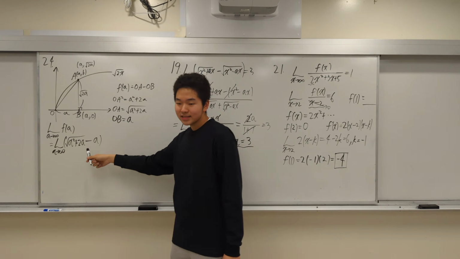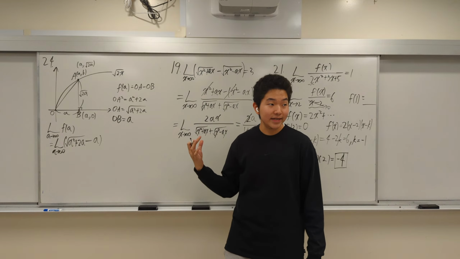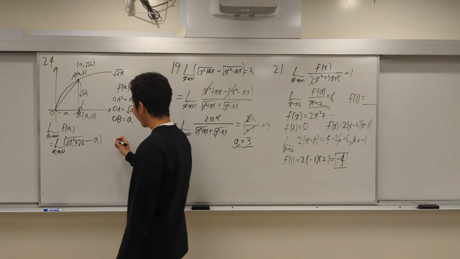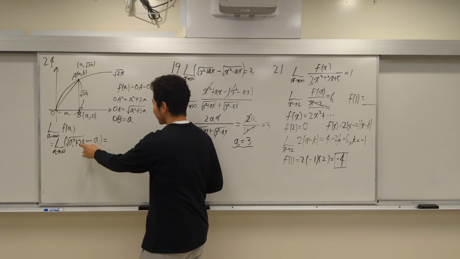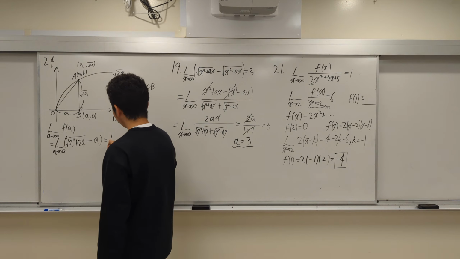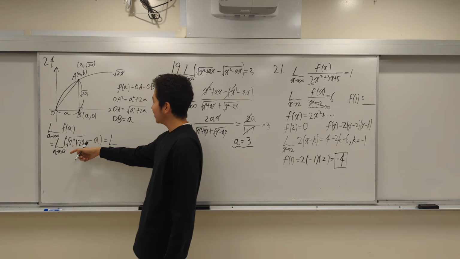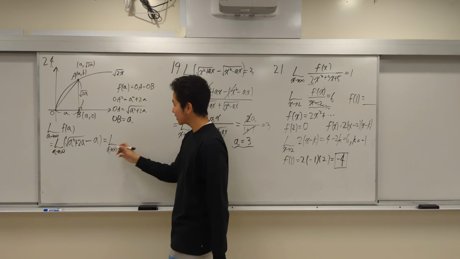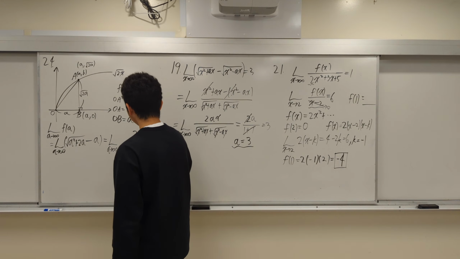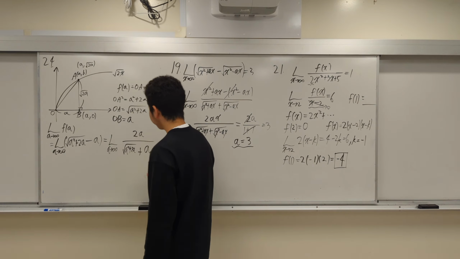So what type of limit is this, guys? It's an infinity minus infinity, right? So with infinity minus infinity, we can rationalize to make a fraction. So let's do that. A goes to infinity, a squared plus 2a minus a squared, right? So the numerator becomes 2a, and then our denominator is the square root of a squared plus 2a, plus a.